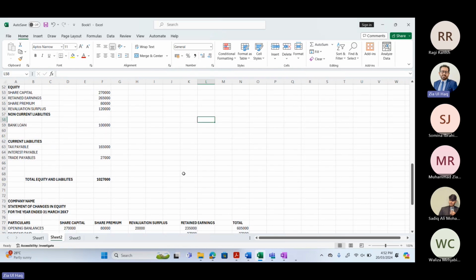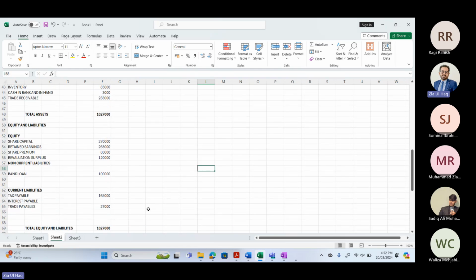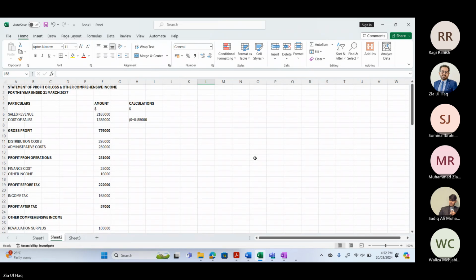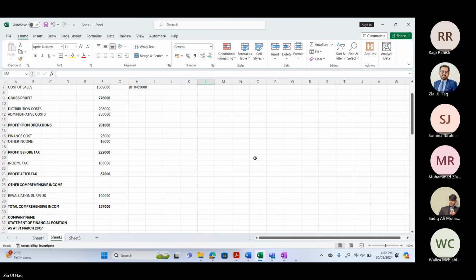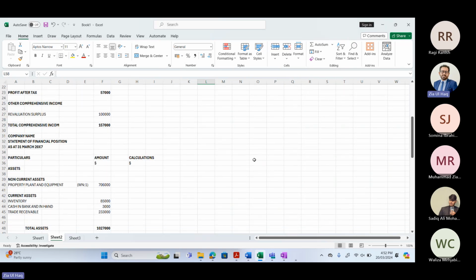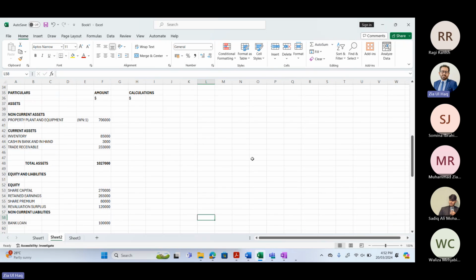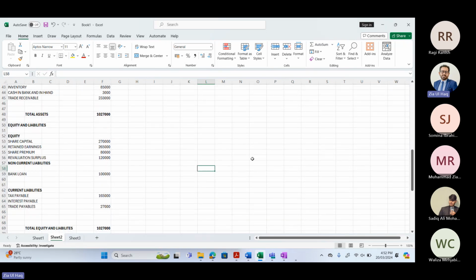And now see, our balance sheet automatically tallies, 1,027,000, 1,027,000. And we are done with the question. This is the statement of profit and loss and other comprehensive income. This is the statement of financial position, total assets, equity and liabilities.